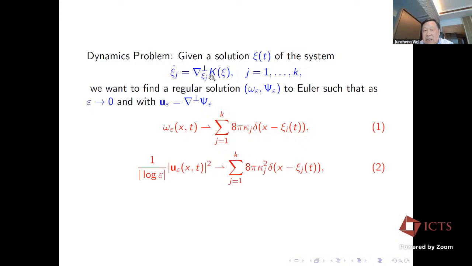Suppose the Kirchhoff-Routh Hamiltonian system has a dynamics from 0 to T, can we find a true solution to the Euler equation with concentration on this trajectory? So what we want is not an elliptic problem. It's a dynamic problem, and the answer is yes.